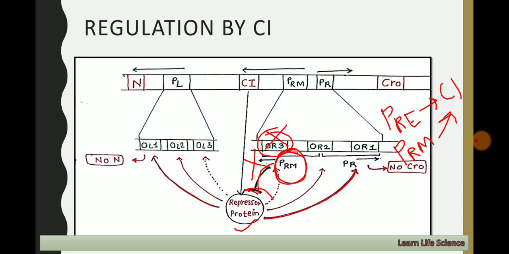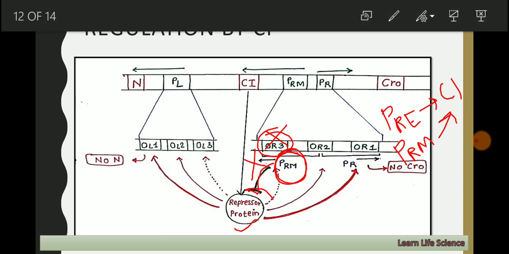Okay, so let's memorize it once again, that the first genes that were transcribed were N and CRO. Then other genes involved, C3 and C2. In the presence of C2, there was transcription of C1 from PRE.